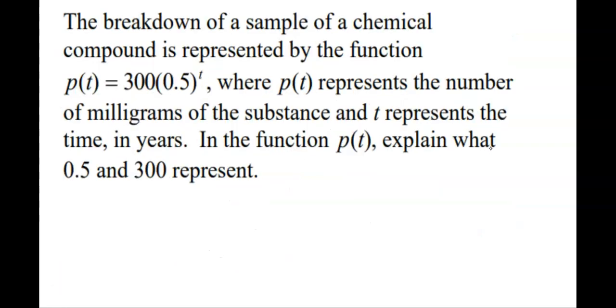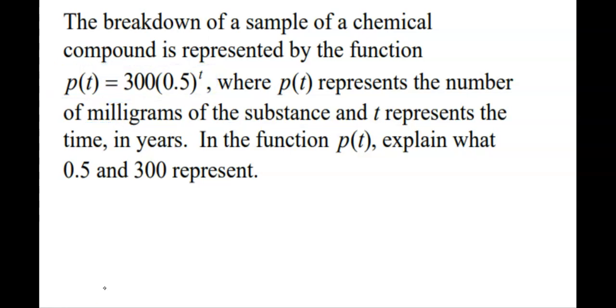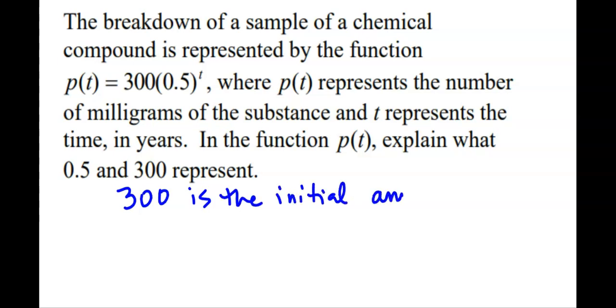This last question asks you to explain what the value 0.5 and 300 represent in this scenario. We're talking about a chemical compound, and this is the equation that represents that chemical compound. It represents the number of milligrams of the substance over a specified time of year. So 300 is the initial amount of chemical in milligrams.